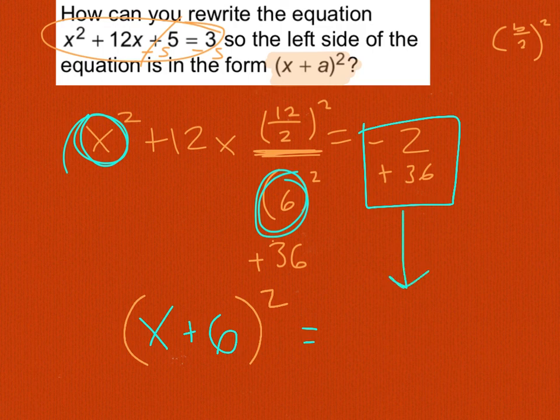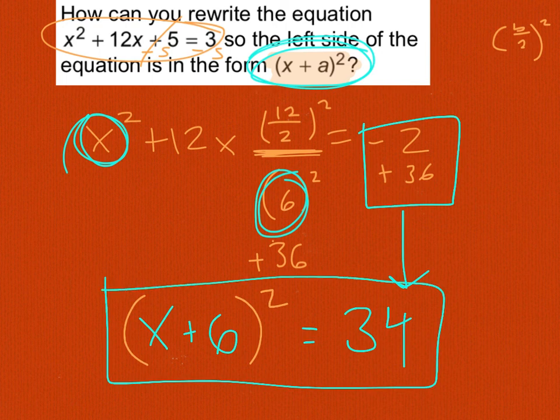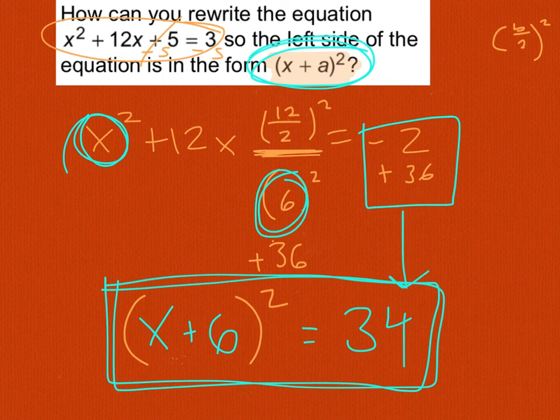So what does that give me? 34. And this question asks us just to leave it in our parentheses step, so this is our answer. We don't have to solve it all the way. This is as far as we go here.